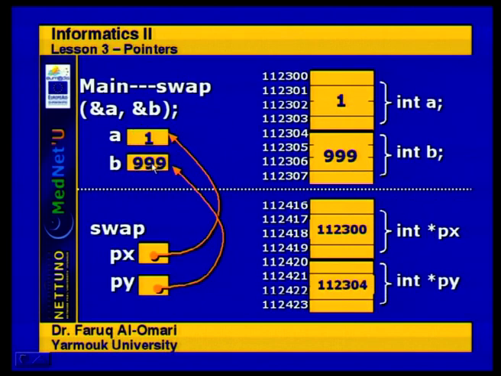Okay, let's see what we're doing in this good swap function. Actually, the swap passes a pointer called px, which is a pointer to A, and pointer py, which points to B, to the swap function. Okay?